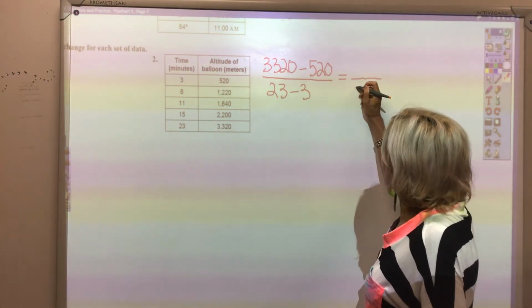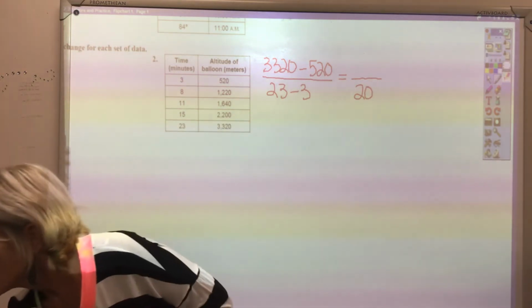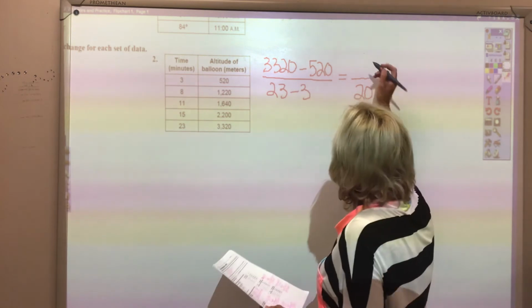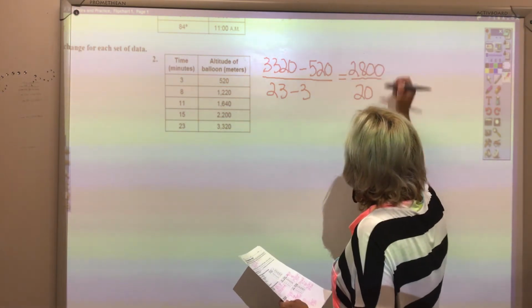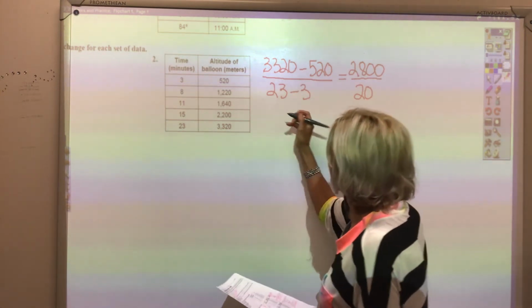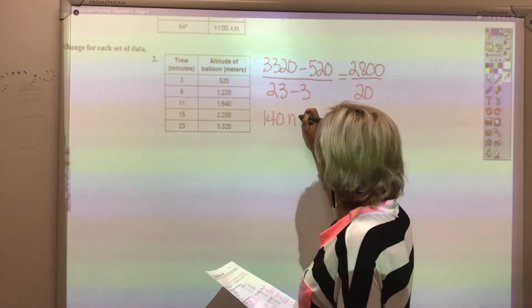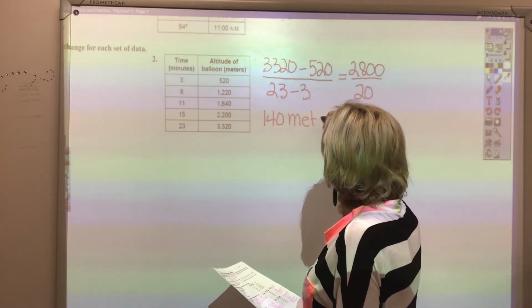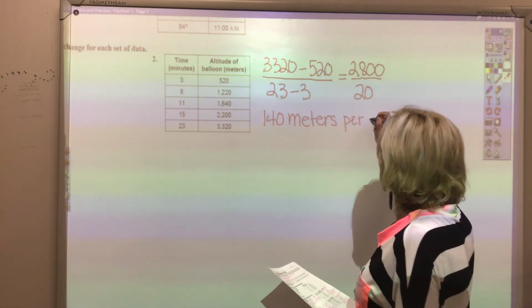So I can get the bottom in my head. The top is 2,800. So we divide the 2,800 by 20, and that gives us 140 meters per minute.